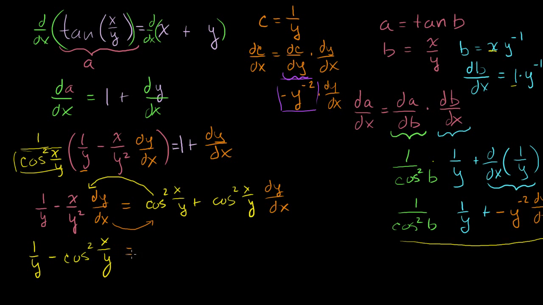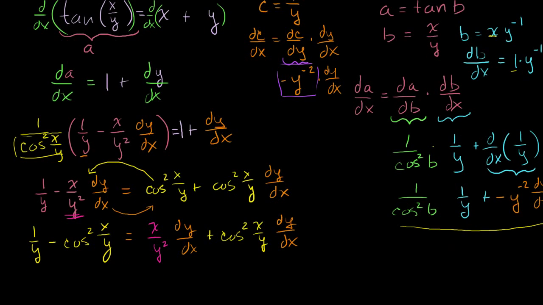So then that is equal to x over y, and let me write that in the color that I originally wrote it in, a slightly different color. So that is x over y squared. I'll write the dy/dx in orange. dy/dx. And then you have this term plus cosine squared of x over y dy/dx.